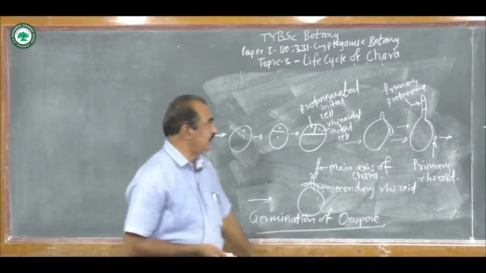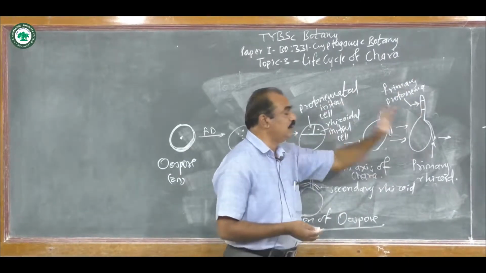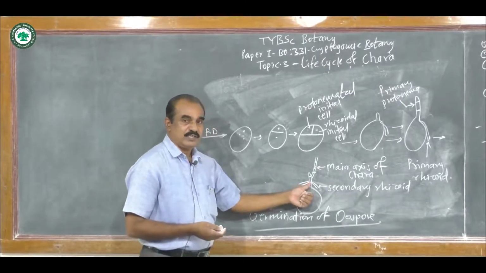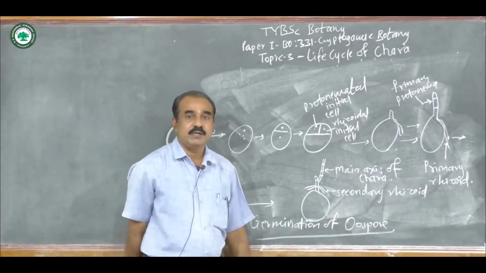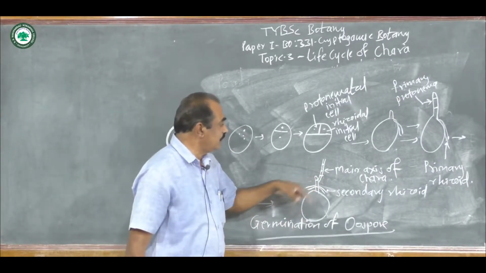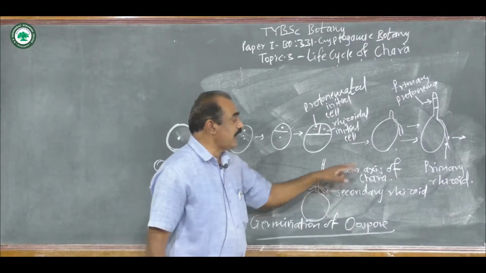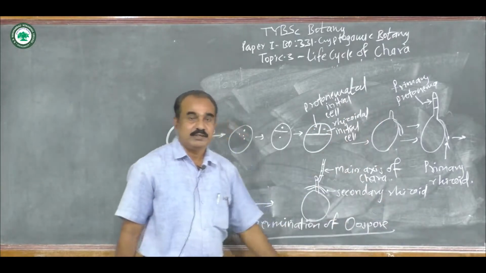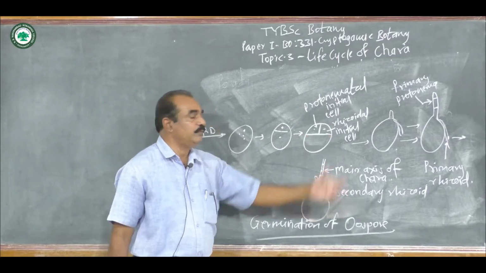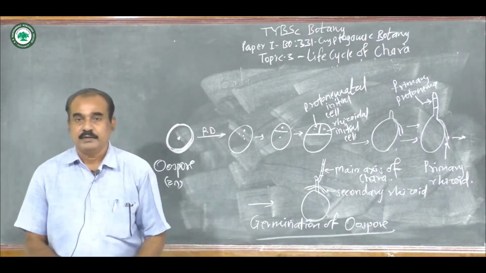Now from the lower node of this primary protonema, the permanent, that is the secondary rhizoids, develop. And from the upper nodal region, the main axis of the next Chara plant develops. In this way, a new Chara plant develops from the nodal region of the primary protonema. Thank you.